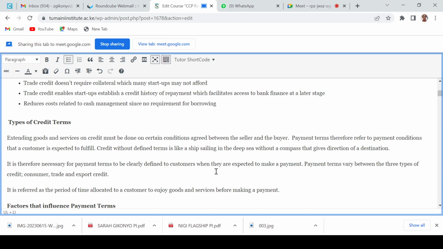Payment terms may vary from one type of customer to another. There are those selling to big distributors or to big retailers like the supermarkets. Some you are selling to a shopkeeper pale kwa mashinani. Those you give different terms. For retailers or the supermarkets, their terms are very unfavorable for the sellers.